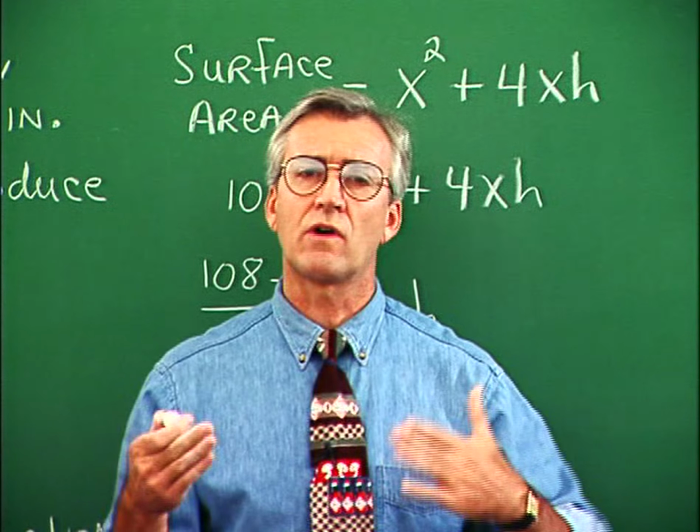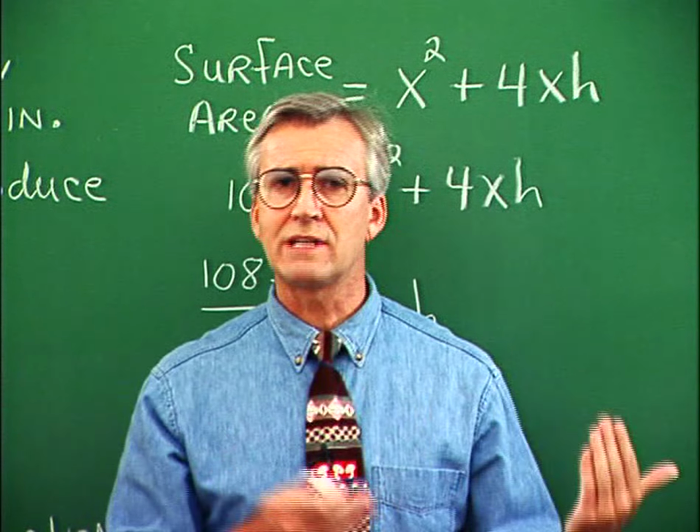It doesn't make sense for x to take on negative values, so x is going to be, at worst, 0. 0 is pretty impossible as well, so let's say x is positive. All right, x is positive, but how big can it be? We have a surface area of 108, so that means that the area of the bottom can be at most 108.